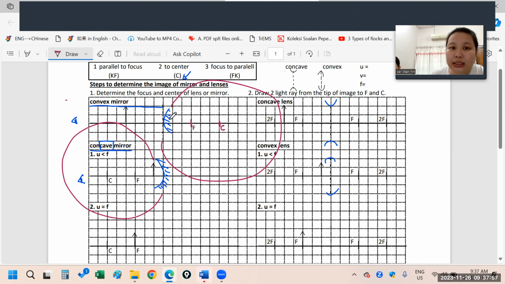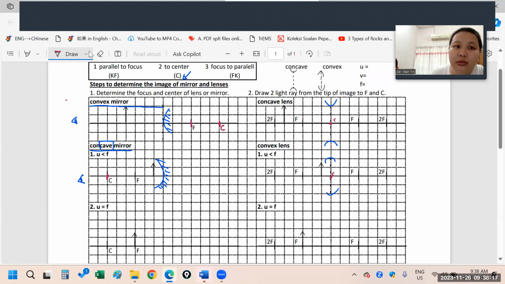So the C is behind the curve. For a lens, the optical center is always at the center of the lens. So the C is here.